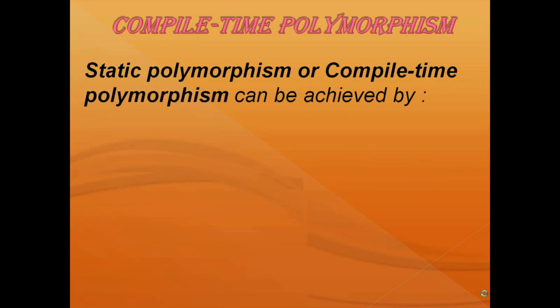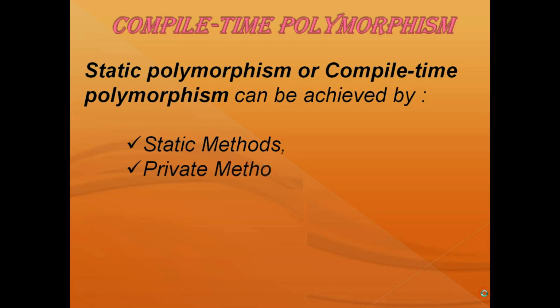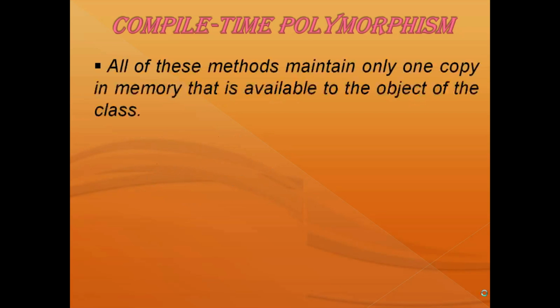So static polymorphism can be achieved by static methods, private methods, and final methods. The reason is that all these three methods, static method, private method, and final method, maintain only one copy in memory that is available to all the objects of the class.